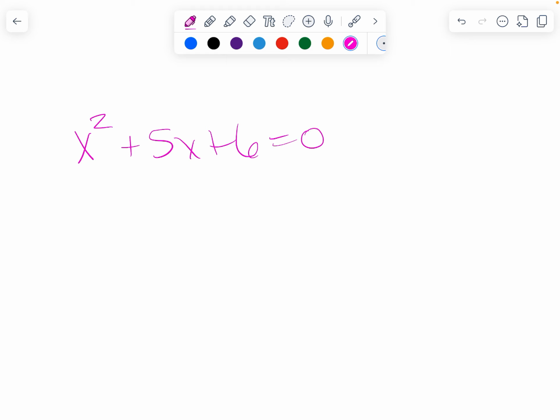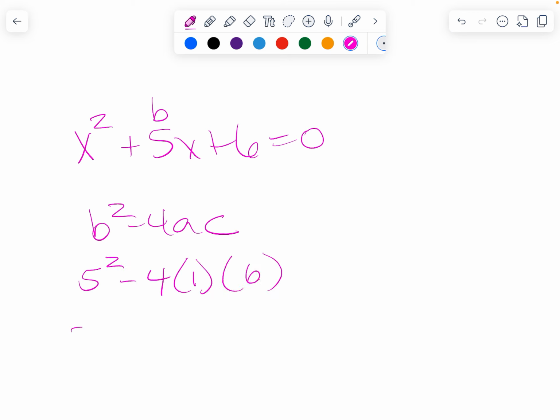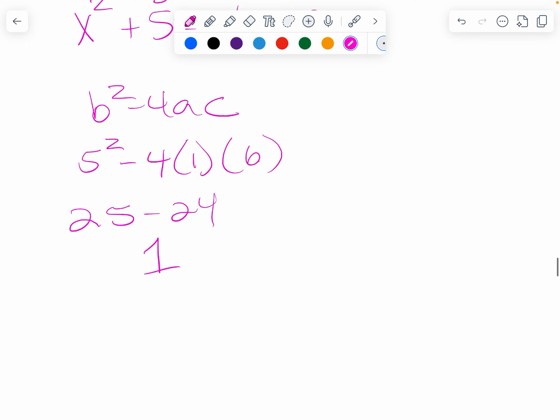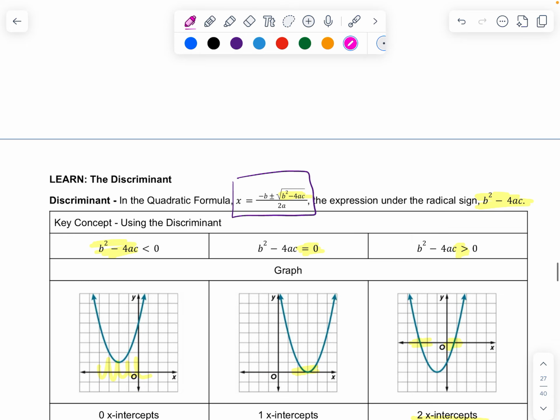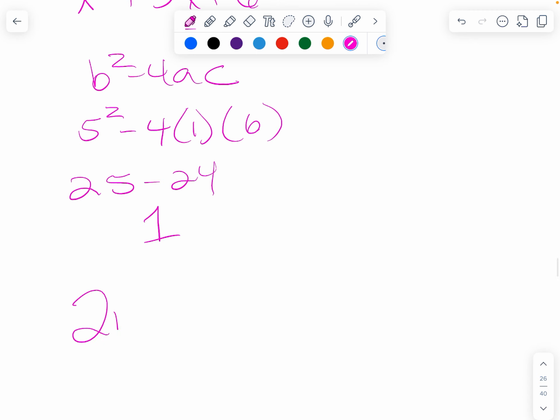So if I was to do b squared minus 4ac, I put in the b value, so 5 squared minus 4 times a times c. So I would get 25 minus 24. That would get me 1. That is a positive number. So it'll have two real solutions.